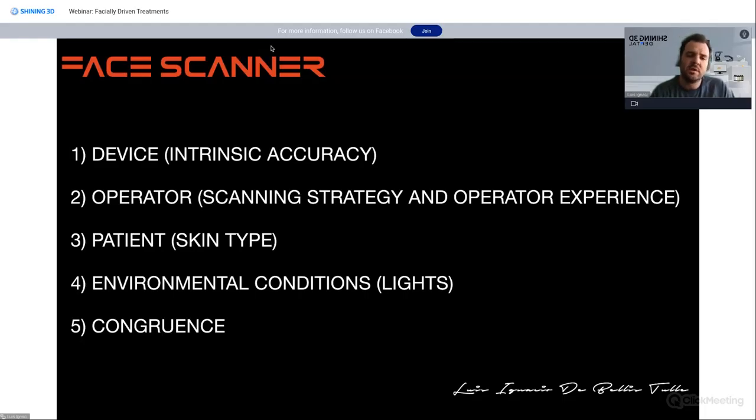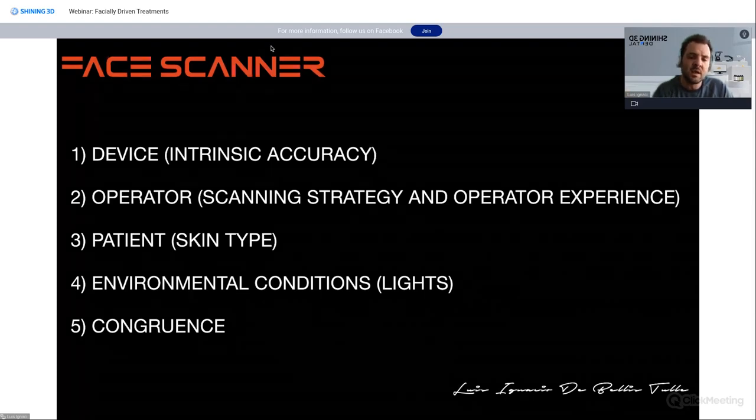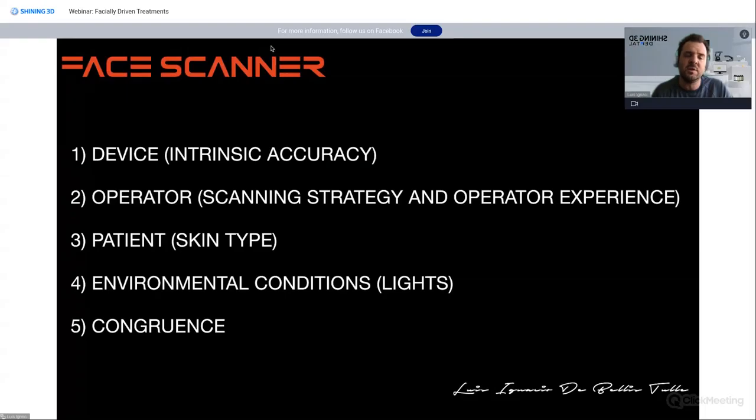The operator is extremely important because, as maybe you're used to, while scanning with your intraoral scanner you should follow a workflow. It's not just putting the intraoral scanner inside the mouth of the patient and zigzagging randomly in every place in the mouth, because you're going to make that intraoral scanner mad.